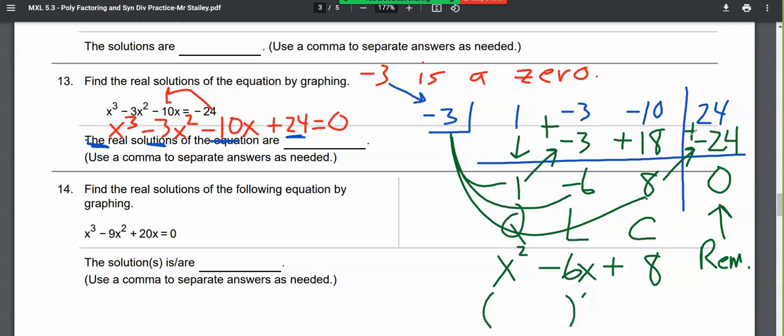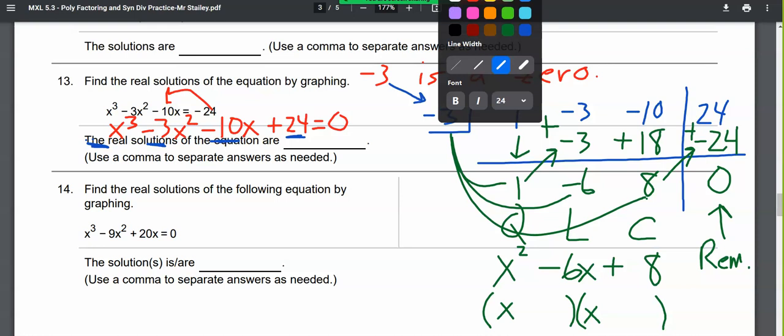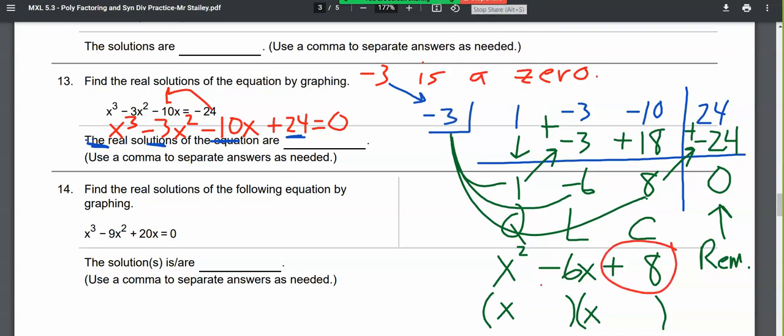Now we can think about how to factor the remaining part. So I know it's an x and an x. I need two numbers that multiply together to give me 8 that add up to -6. So that would have to be -4 and -2.